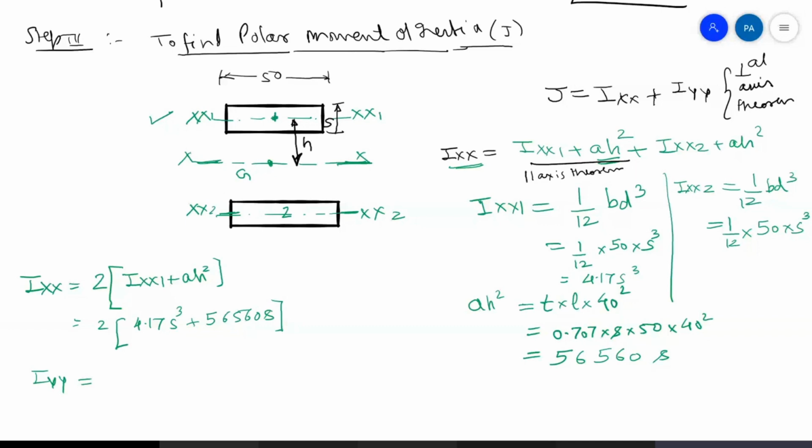Okay, we do not have to use it. So what will we write? We will simply write this is 1 by 12 into dB cube. So perpendicular is what now? Perpendicular is 50. So S into 50 cube. So this will give us the value of Iyy.